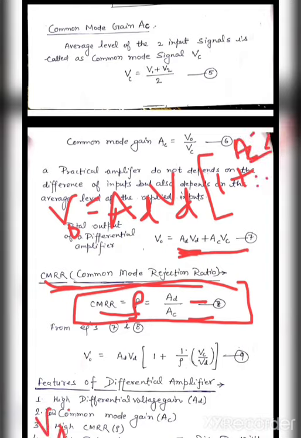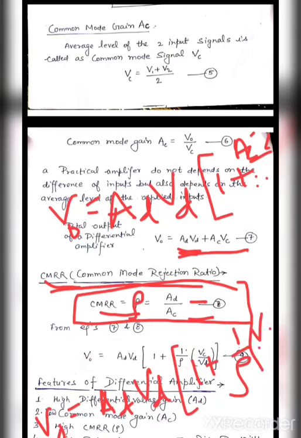So V output will be AD VD times 1 plus, now AC over AD can be written as 1 over rho, and VC over VD.